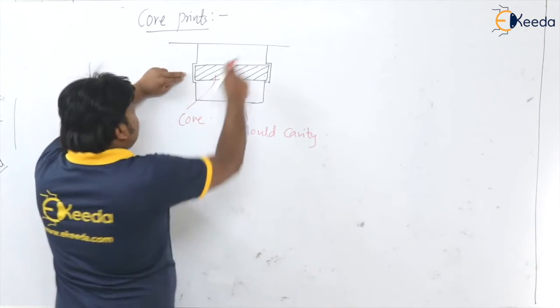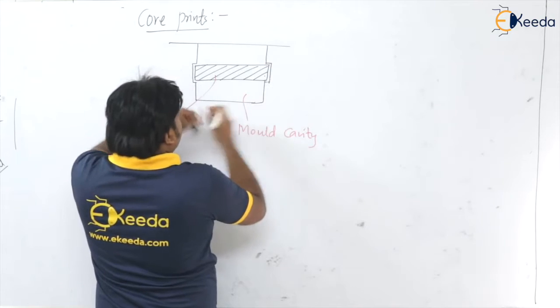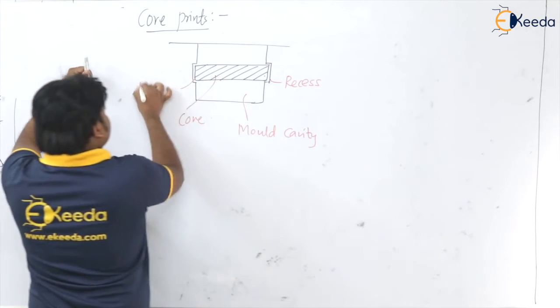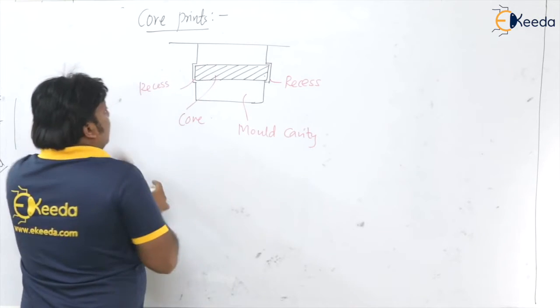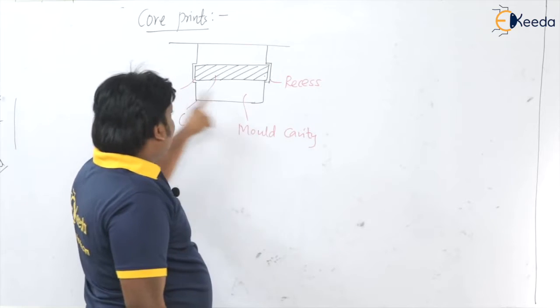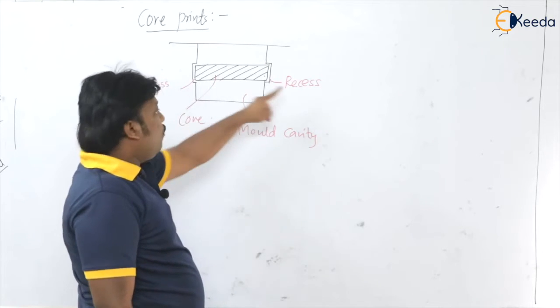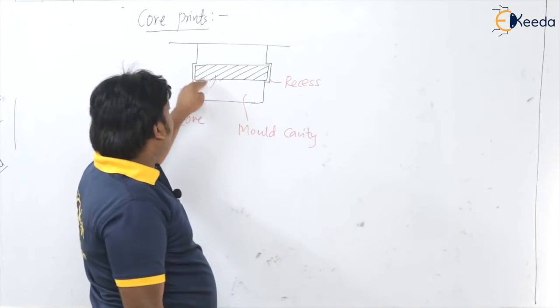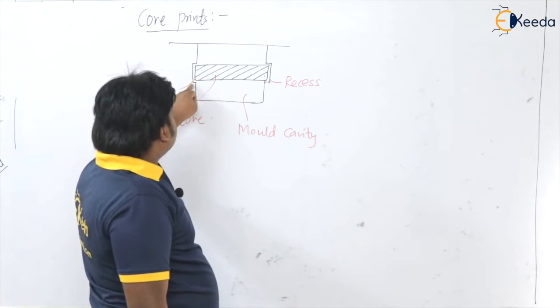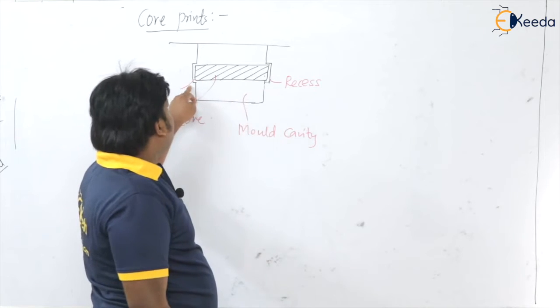In the mold cavity itself, we can see some recess, isn't it? This is the recess and this is the recess. So in the mold cavity itself, we have provided some recess for the perfect placing or sitting of the core. This recess is known as the core print.